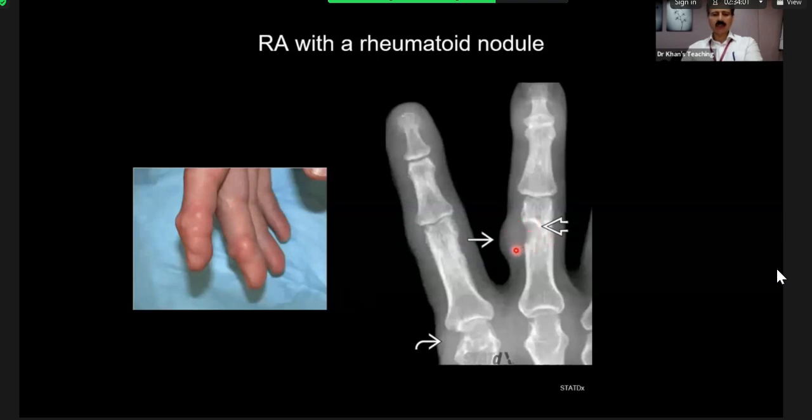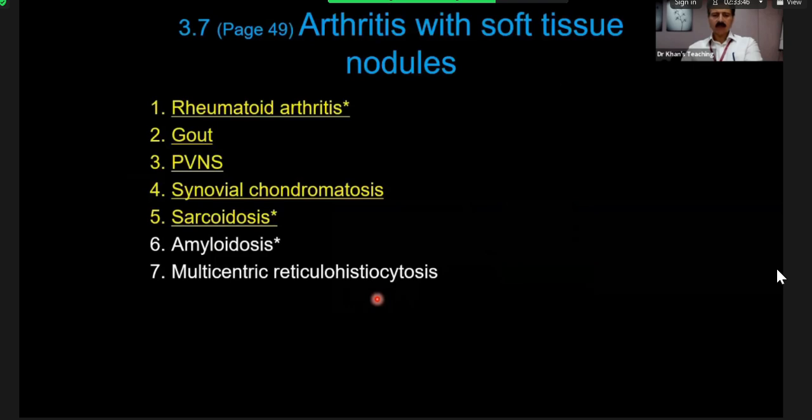So please remember that rheumatoid nodules can occur, and these things can project on the films also, as in this case from literature, where it is causing scalloping. Arthritis with soft tissue nodules. So remember RA, remember gout. There are other things here, but these are the top two which you have to remember.